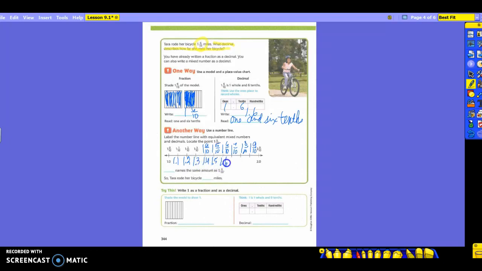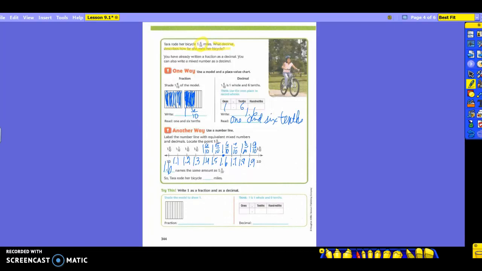Follow along with the fraction that you see on the top also. And where am I going to put my dot on the number line? 1 and 6 tenths. So I'm going to find that, and I'm going to put my dot there on the number line. So what name's the same amount as 1 and 6 tenths? 1.6, which is still going to be said as 1 and 6 tenths.